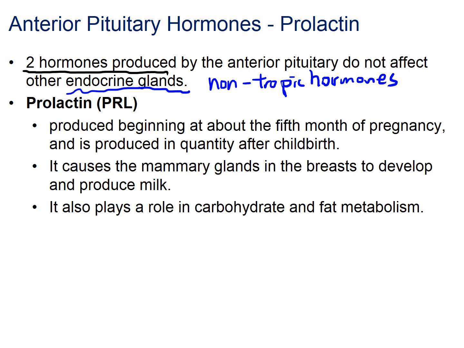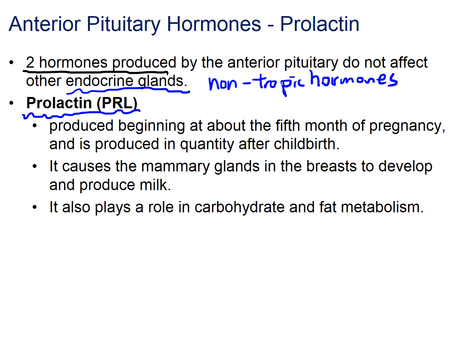Remember that earlier slide, slide 2, where there's a diagram with all the endocrine glands. These non-tropic hormones do not affect any of those glands. The first hormone that belongs to this category is prolactin, PRL.